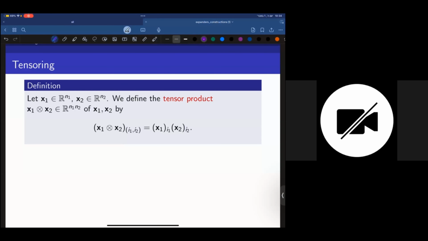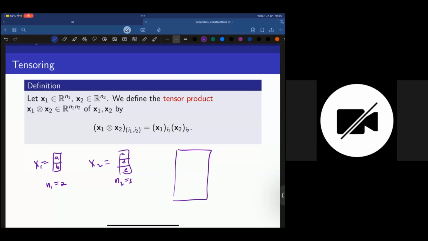So let's go to an example. Say x1 was AB, so n1 is 2, and x2 was CDE. It's really a non-insightful example. And n2 is 3. So we are going to have a 6-dimensional vector now. Let me make it a bit larger so I can write the entries.